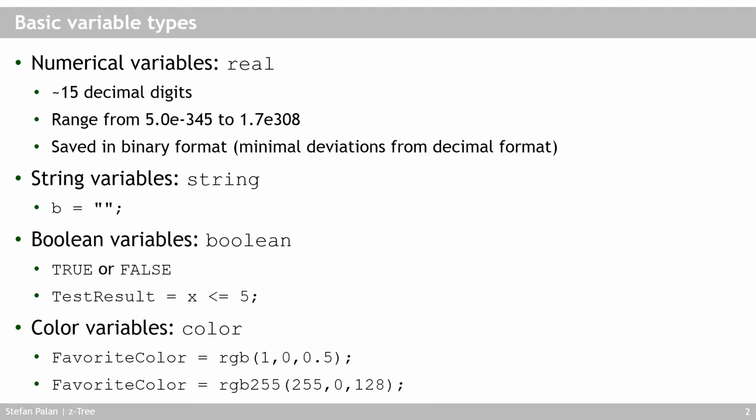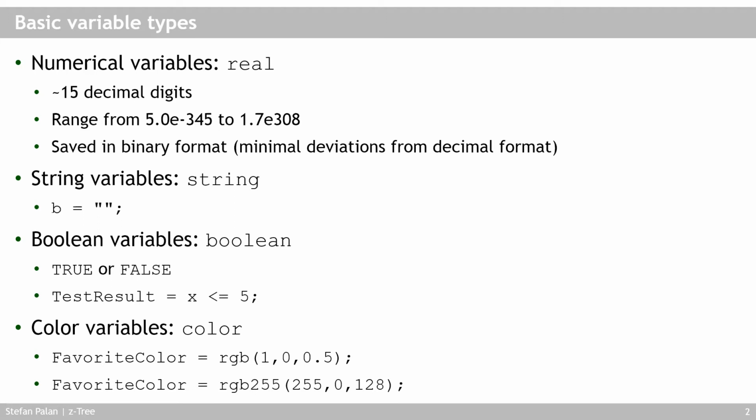And if you have a number in a variable that cannot be expressed precisely in decimal format, you may see some strange things happening. So you may see in your output file that something is not 15.3, but it's 15.2999999, something like this. That's because it's saved this way, but that applies to any programming language that saves variable values in binary format.